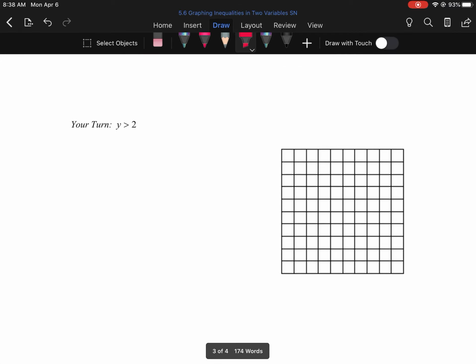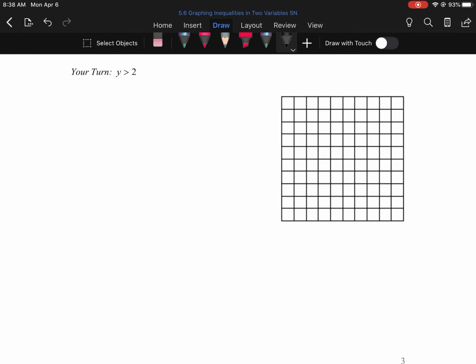Right. So now don't forget, if x equals gave us a vertical line, I want you to think about what y equals is going to give you.